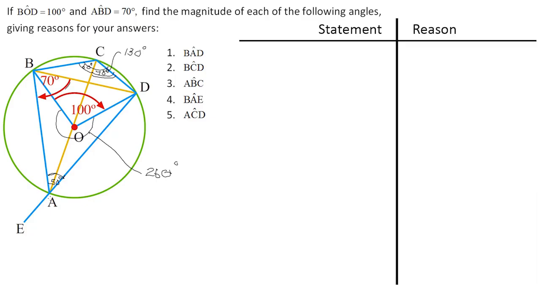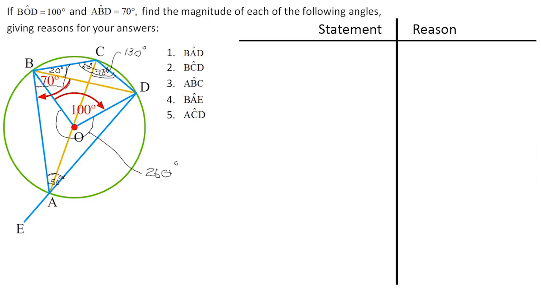This diameter subtends that angle ABC. The whole angle should be 90 degrees because the diameter subtends it. They have 70, which means this one here will be equal to 20 degrees.